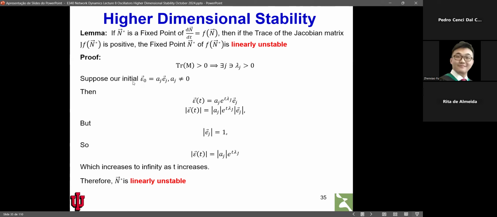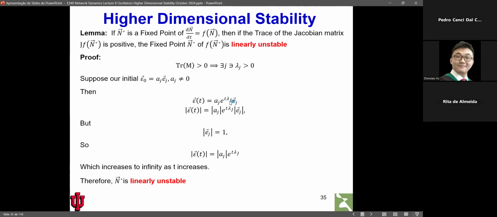Suppose that our epsilon naught is along a_j, I mean, it's exactly in the direction of one eigenvector. Suppose that a_j is different from 0, then epsilon naught would be a sum over all the different eigenvectors, but now I assume that all other coefficients of the initial state are 0, and I just write one of them.